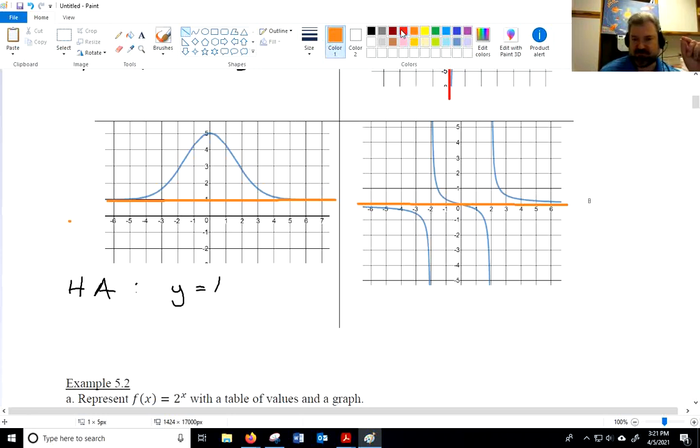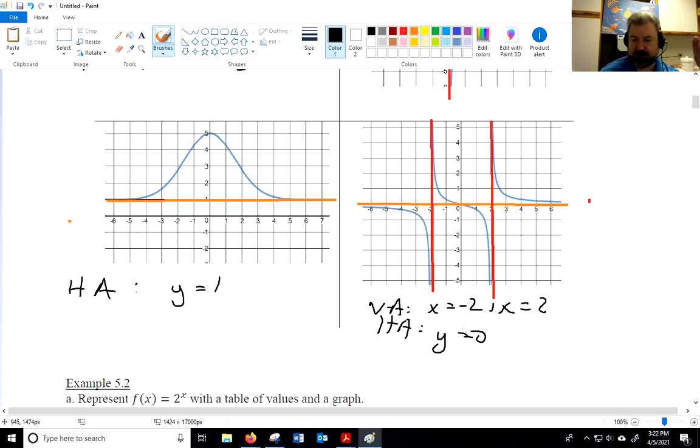But vertical asymptotes, of which it has two, cannot be crossed. So these vertical asymptotes are not crossed by the curve. I have two vertical asymptotes at x equals -2 and x equals +2, and one horizontal asymptote at y equals 0.